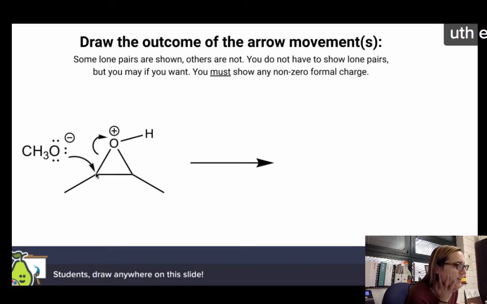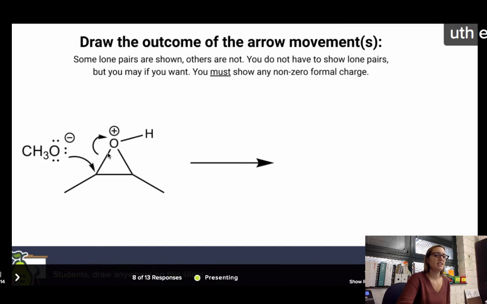So again, you're going to have just one product. And by moving these electrons in this bond to the O, you're getting rid of that triangle look. These electrons are now moving to the O, so that's opening up this structure.